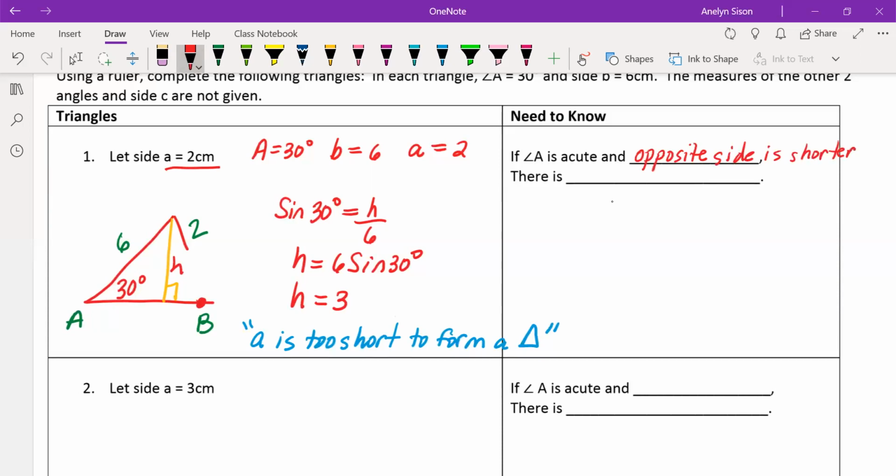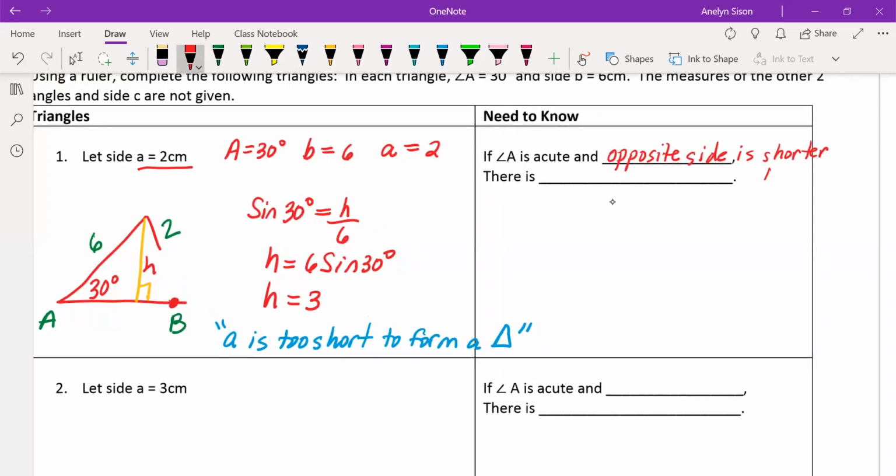Sorry, I didn't give you enough space. Shorter than H. We know what H is. There is no triangle possible. So how do we do that? If the opposite side of the given angle is smaller or shorter than the height, then no triangle is possible.